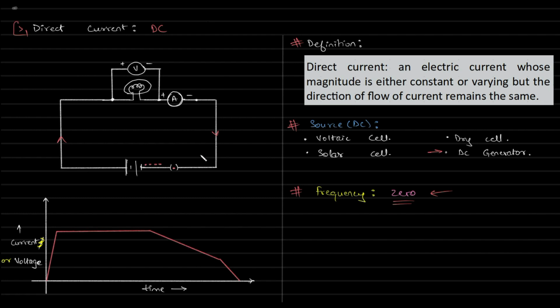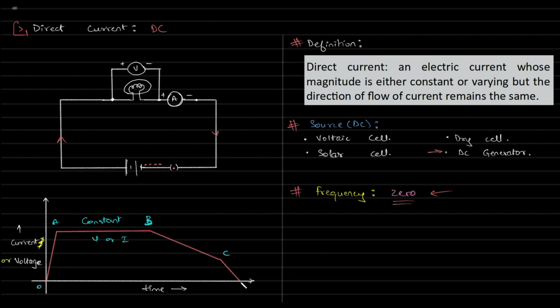The electrons will flow in one direction. The rate at which they flow can vary. Now, in this section, say this is O, A, B. In AB there is a constant voltage or current, whatever you guys want to read it as. Then in BC there is reducing voltage or current.